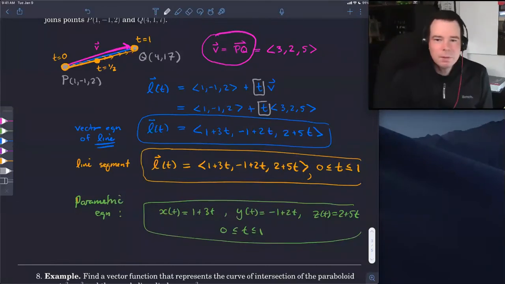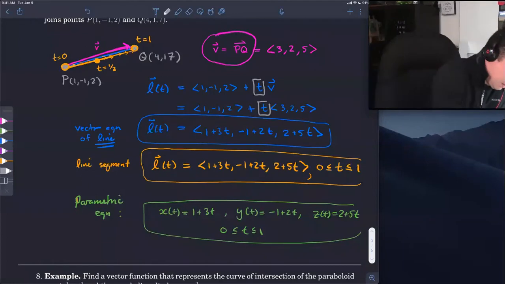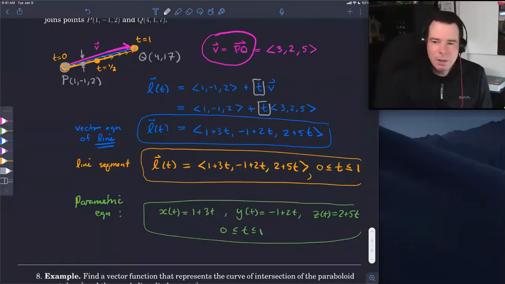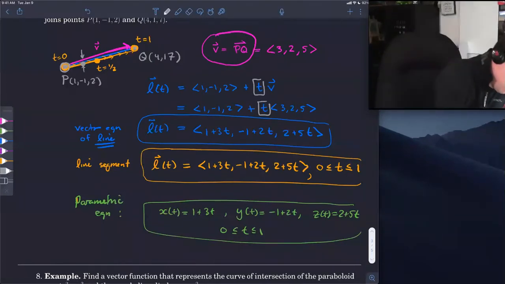So I need something that controls which point I am along the line segment. So imagine that I wanted to capture this point right here, that one. What is it? Well, to get to that point, I start at point P, and I have to move in the direction that V is pointing me in, but I don't want to go all the way to the end of V because that takes me to point Q. I want to move maybe a quarter of the way along.